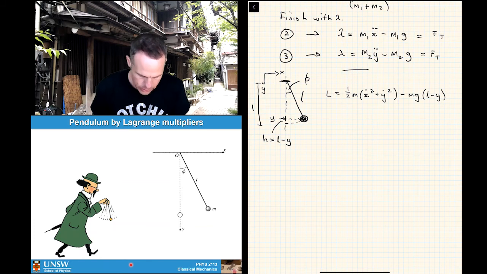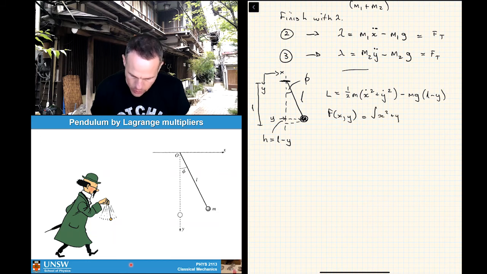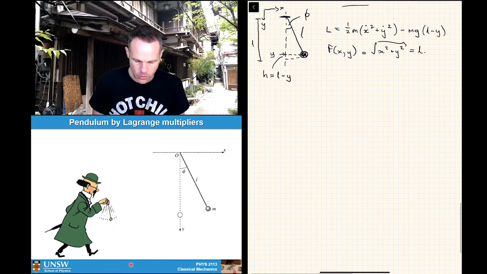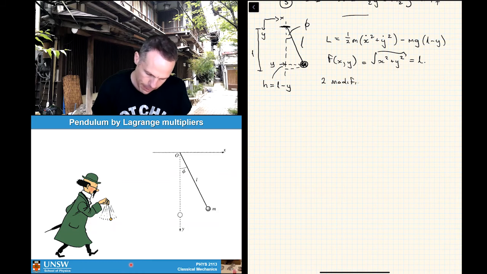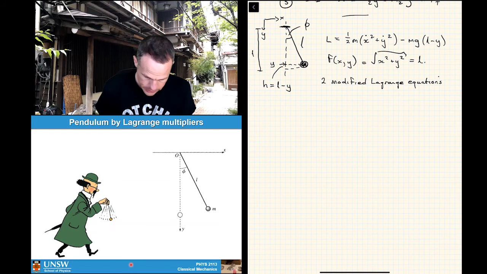And then we've got our constraint equation, f of x and y, is the square root of x squared plus y squared equal to L, okay? And so the approach is kind of simple in here. We've got our two modified Lagrange equations, and let's deal with them one by one.